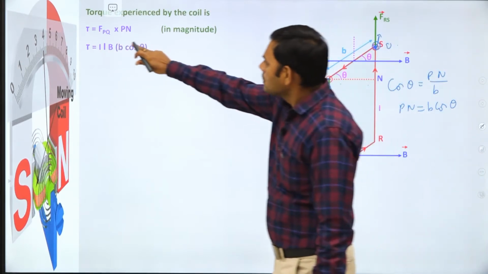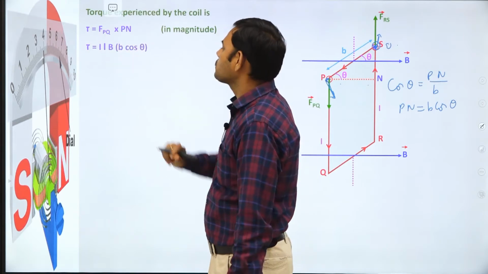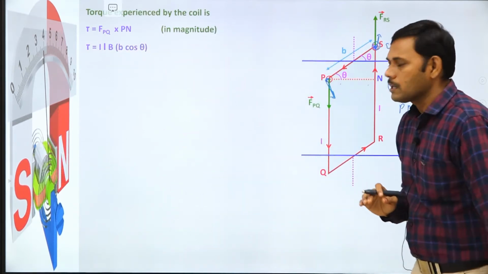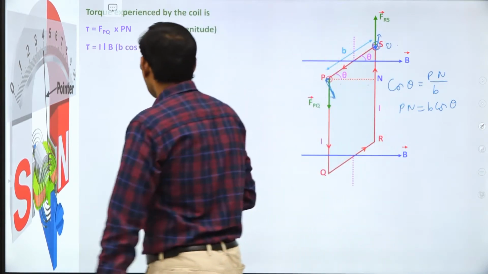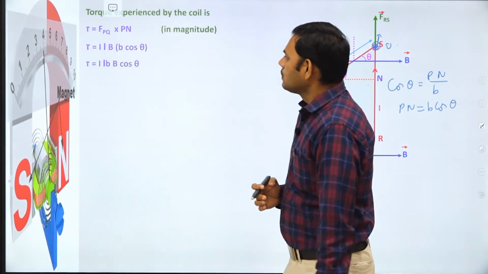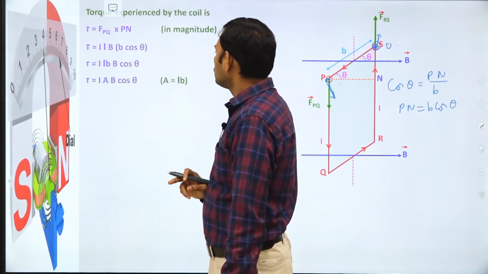So we replace the force by the ILB formula, already derived and explained. Pn we calculated is equal to b cos theta. Then torque is ILB into b cos theta. So ILb into capital B into cos theta.